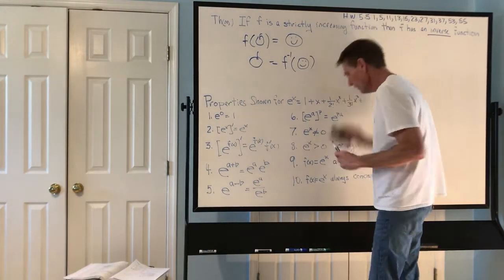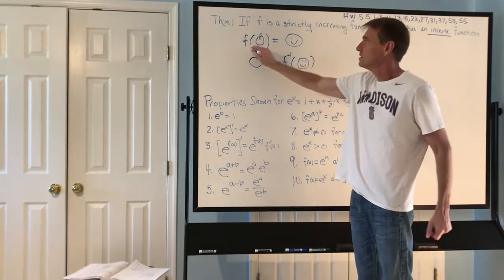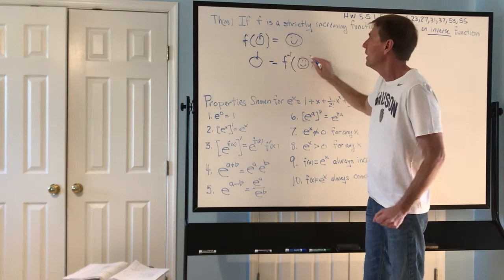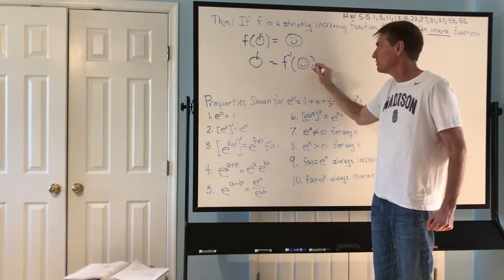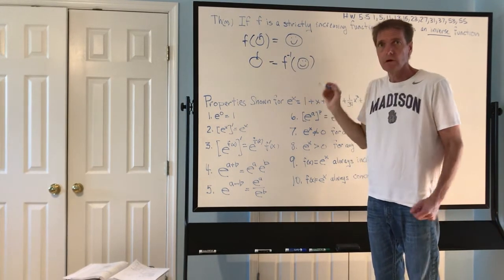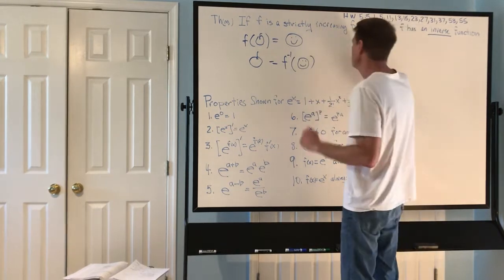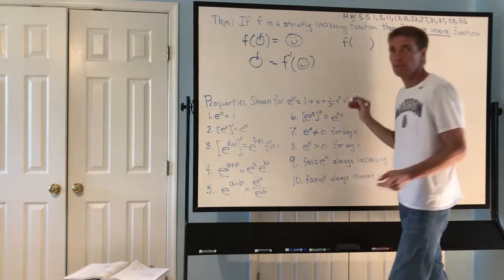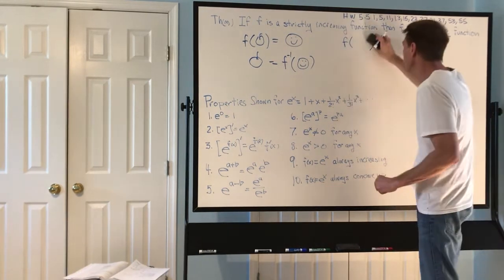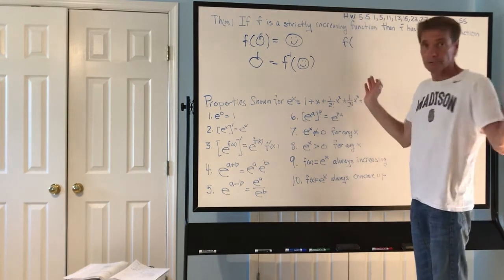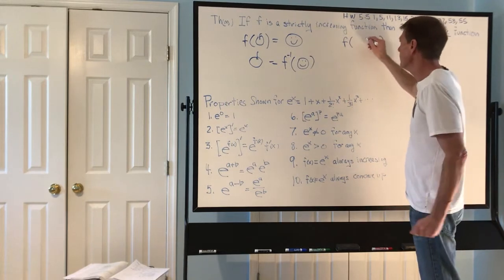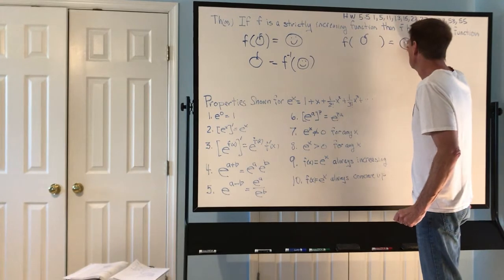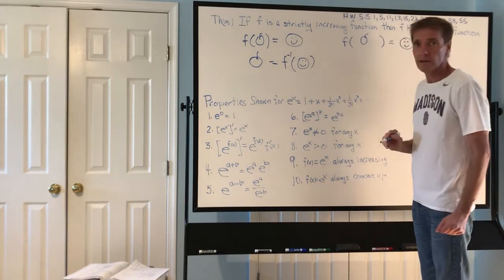Okay, so if f sends apple to smiley face, and f inverse of smiley face is apple, one of the relationships is this. F of apple is smiley face.